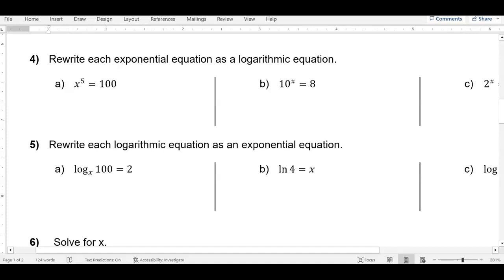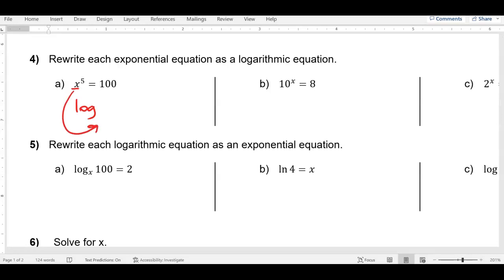Okay, so let's remember how to do this. We write the word log. The base is the base. What it equals to is my argument, and that equals the original exponent. Same thing here. Write the word log. The base is my little base.